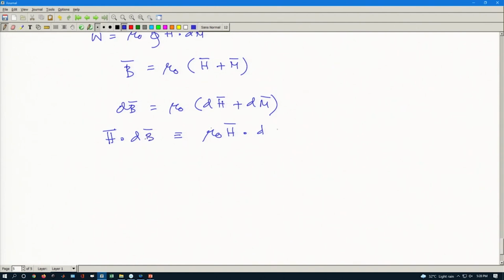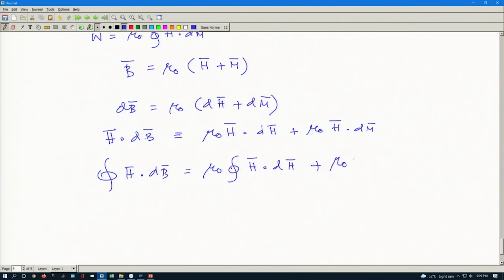Mu 0 H dot dH plus mu 0 H dot dm. Now, if I integrate both sides, closed integral H dot dB is mu 0 closed line integral H dot dH plus mu 0 closed line integral H dot dm.